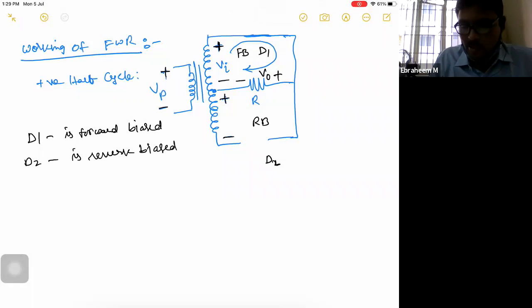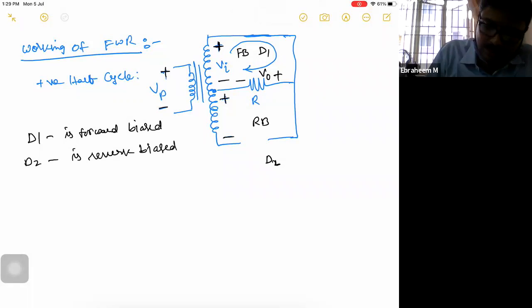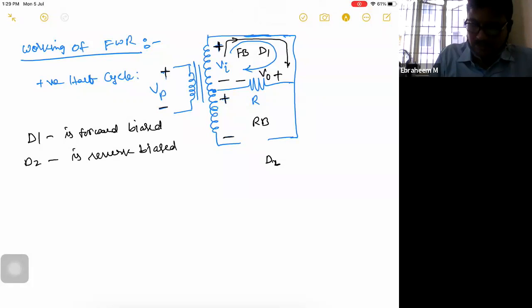Is it clear? So current passes like this and returns to the secondary.